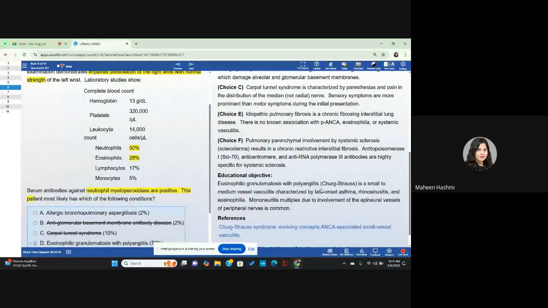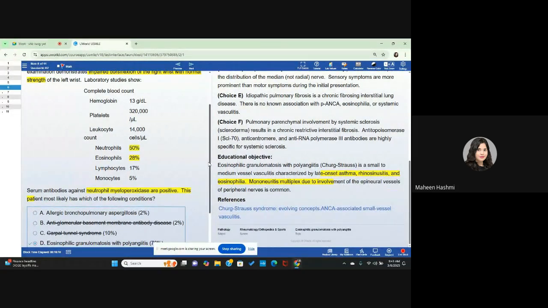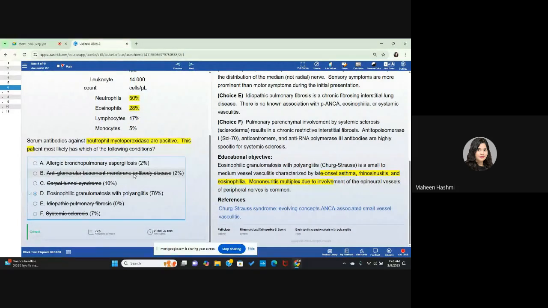Okay. Another thing I want you to remember: what is anti-glomerular basement membrane antibody disease? What do you see in the vignette, what do you see with the kidney?